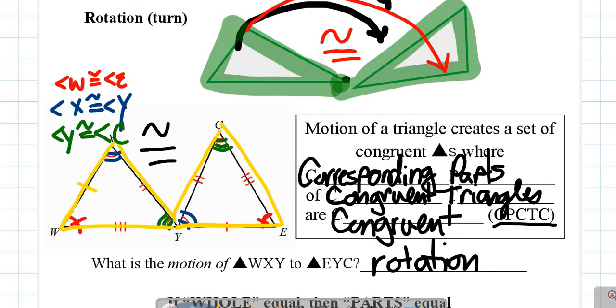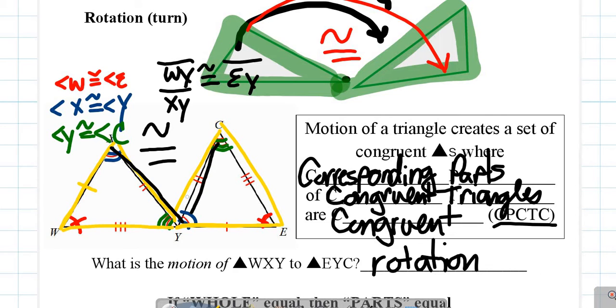Then we had 3 sides which were equal. WX was congruent to EY. And then if you go X to Y, that's going to be congruent to CY this way.